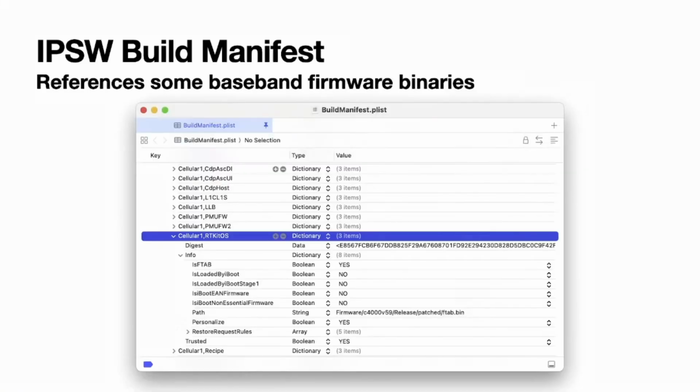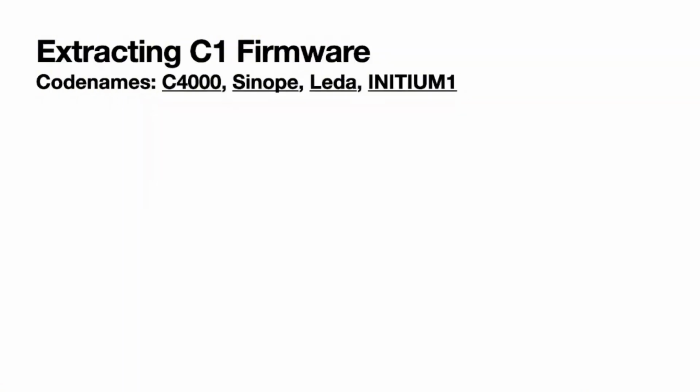And if we just grab an IPSW for an iPhone 16e, we can already see in its build manifest certain cellular components. This is basically all the ARM binaries as part of the baseband. And if we now extract the file, just a quick heads up before, there are many code names for the baseband. It's named C4000, Sinope, Leda, and Intium 1. You might have seen some on the previous slides.